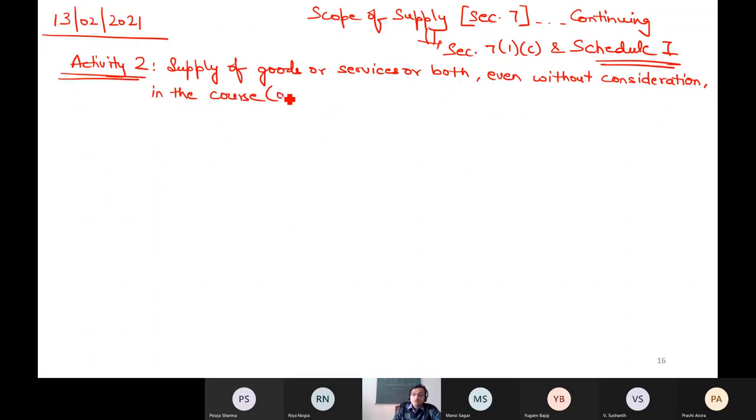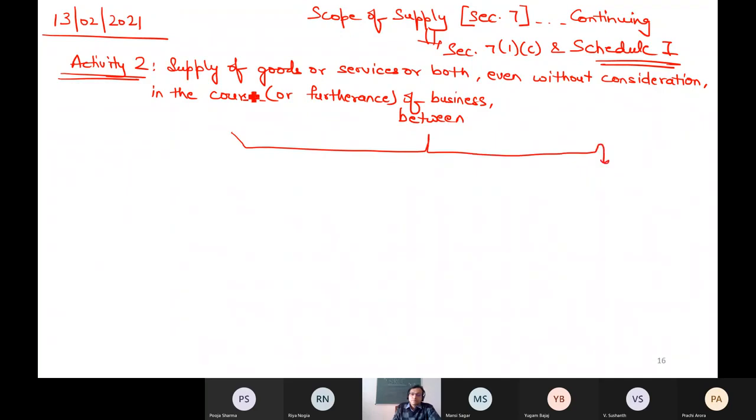This line, course or furtherance of business, was missing in activity 1, but now it is there. In the course or furtherance of business, between whom? Related persons.